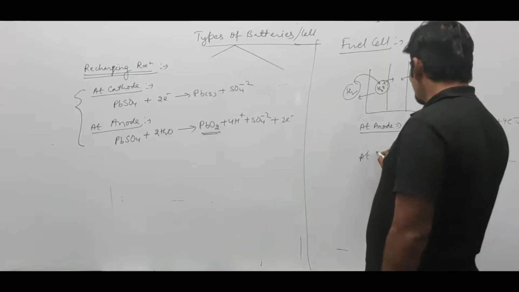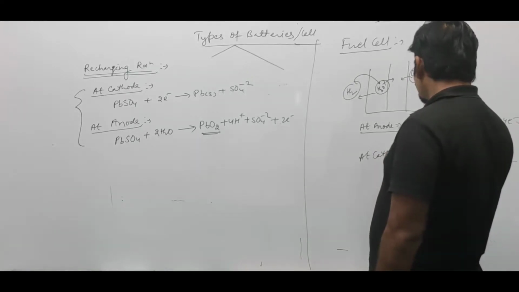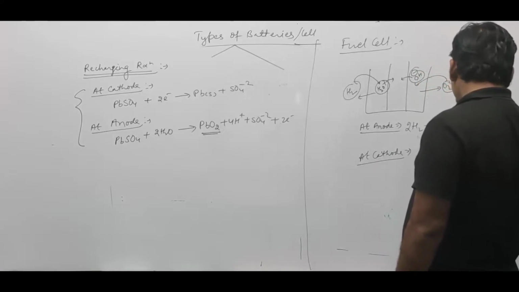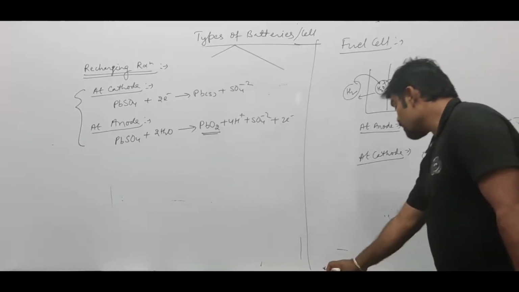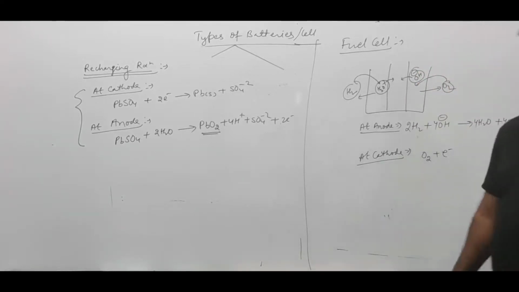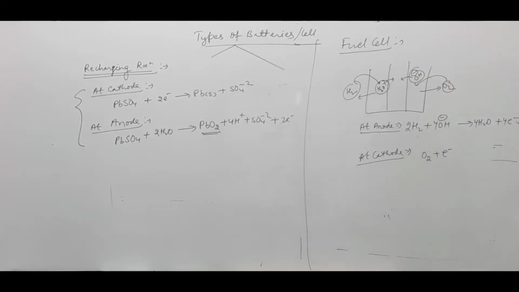At the cathode, what will happen? Oxygen gas is reduced. O2 will accept electrons. Oxygen gets reduced in presence of H2O, and it forms OH minus.